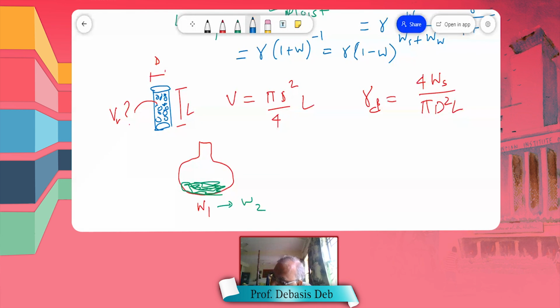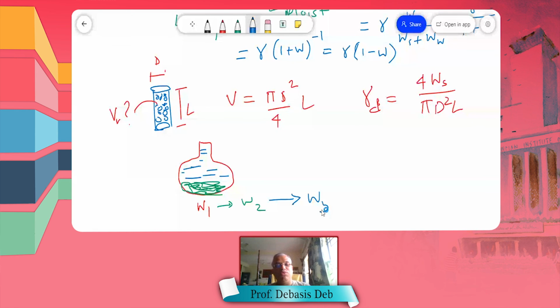Then we fill it up with water. We fill it up with water, and we take the weight again. That we call W3.